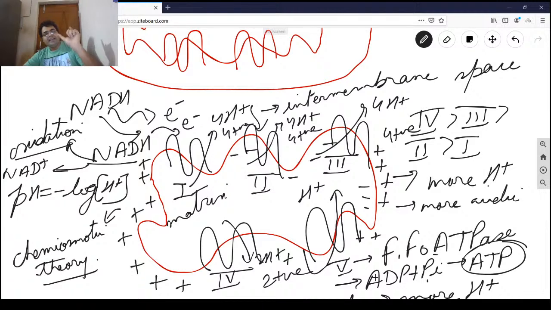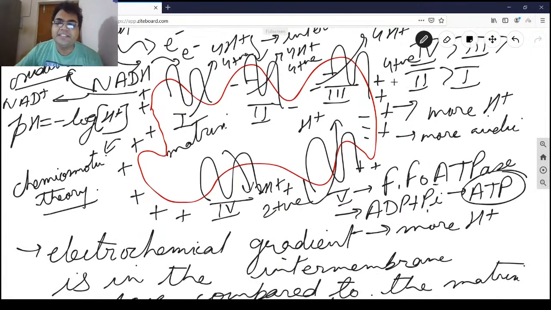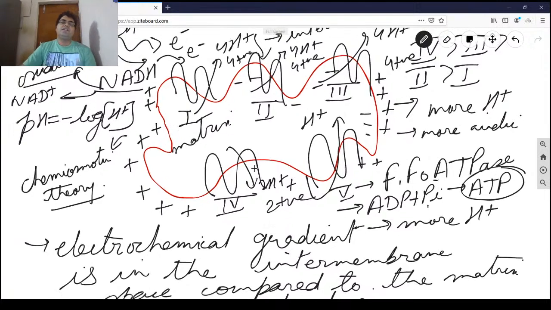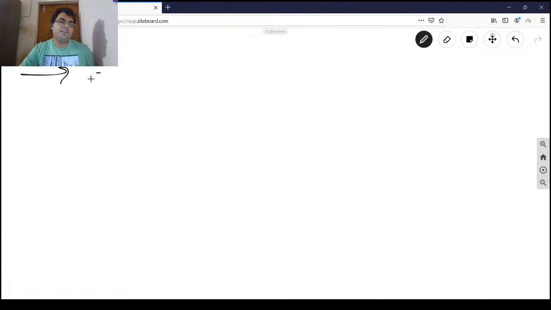That is why it is known as oxidative phosphorylation: phosphorylation of ADP to produce ATP via these continuous oxidative processes.